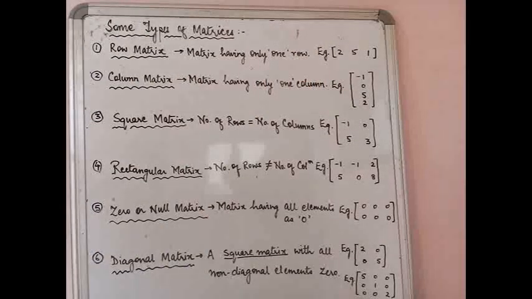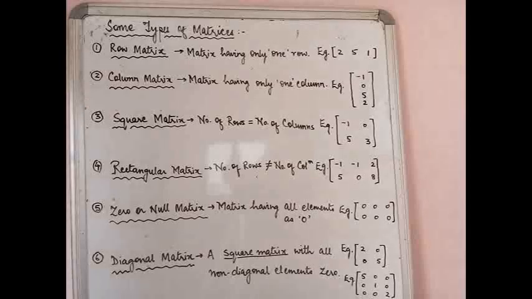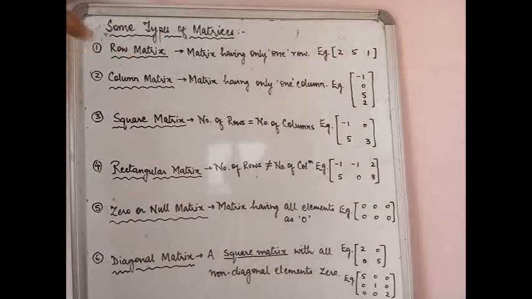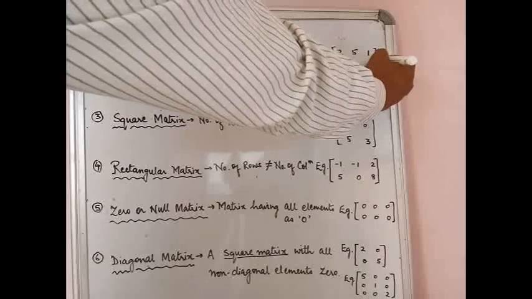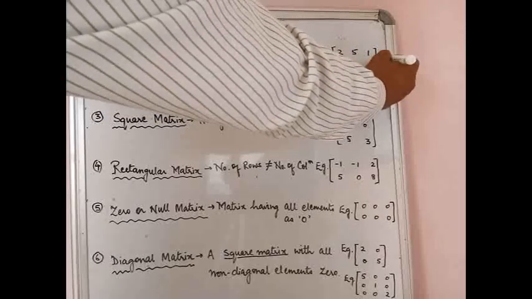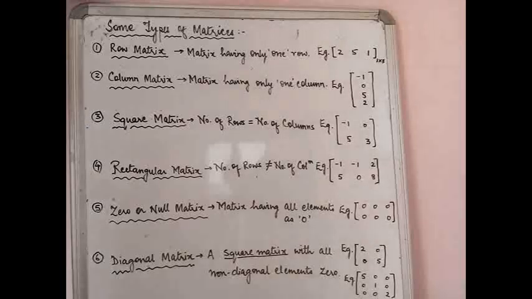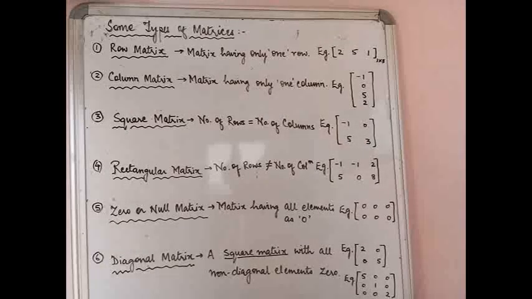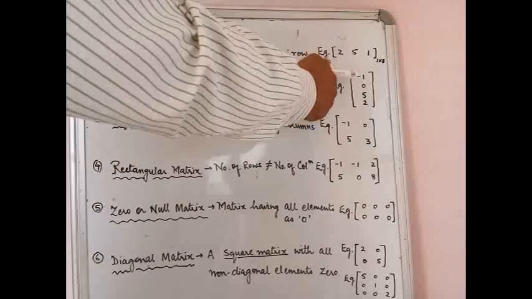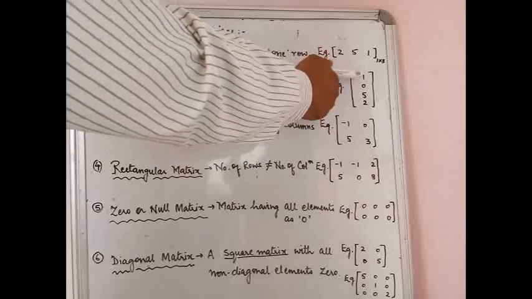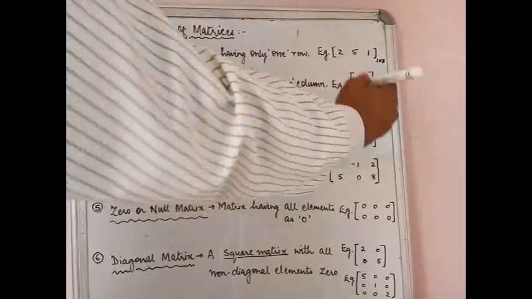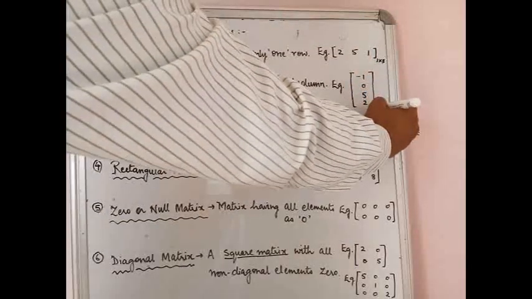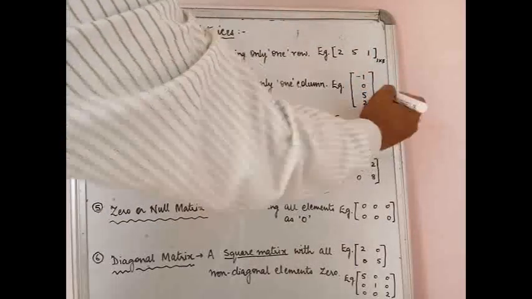Before we go ahead, if you want to write down the order of the matrices we just studied, in the very first one you can say that it has one row and 3 columns. So the order of the first matrix is 1 by 3. Similarly, for this matrix, there are 1, 2, 3, 4 rows and 1 column, so very carefully you write 4 by 1.